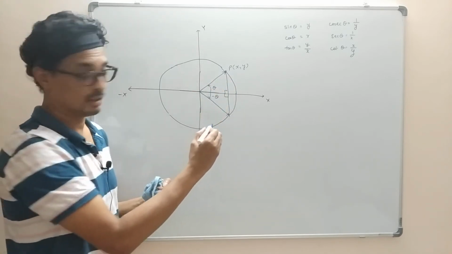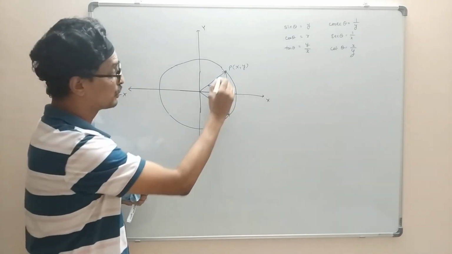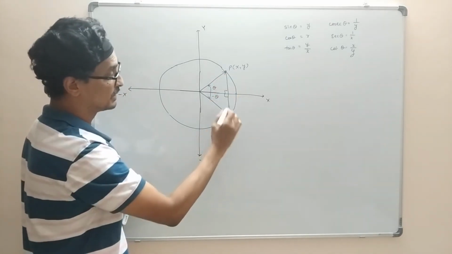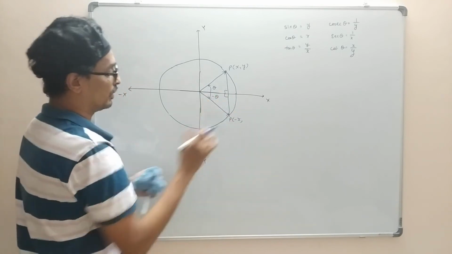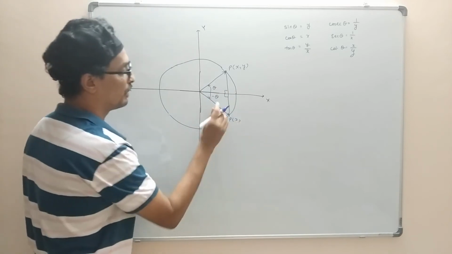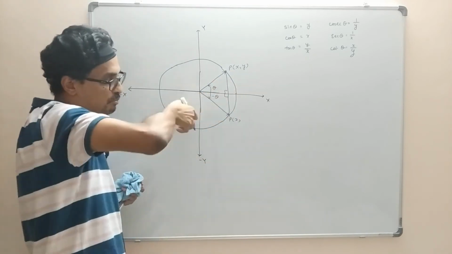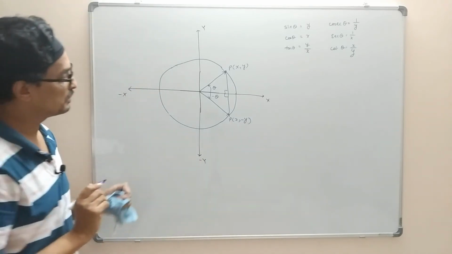So this length and this length have to be equal. The only difference is that x is the same, and y, which is positive y for theta, will be negative y for minus theta.